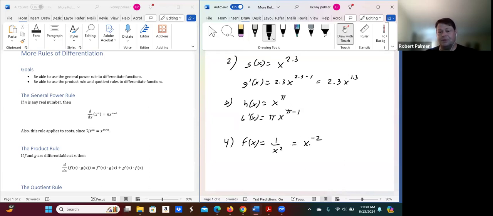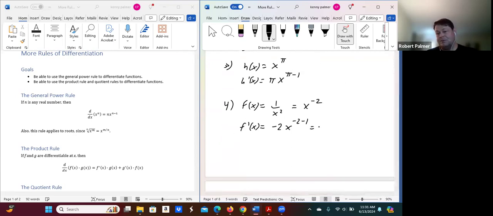These two are equivalent, so let's take the derivative using this form. Once again, the power comes down front, negative 2 times x, but I have to be careful because we're still subtracting 1 from this: negative 2 minus 1. It may be tempting to think the result is x to the negative 1, but it's actually x to the negative 3. So we get negative 2 times x to the negative 3, and if you want to get rid of the negative exponent, simplifying, this is negative 2 over x cubed.